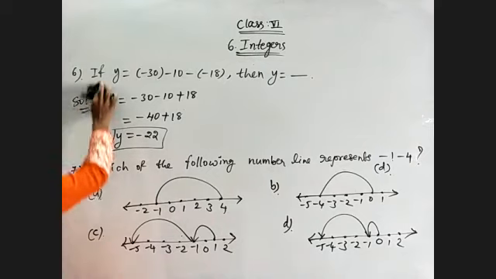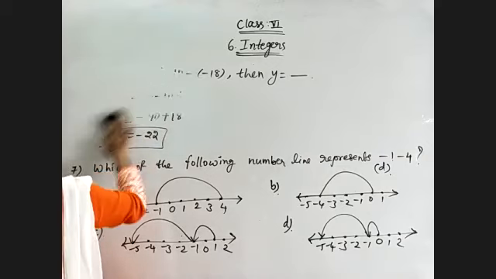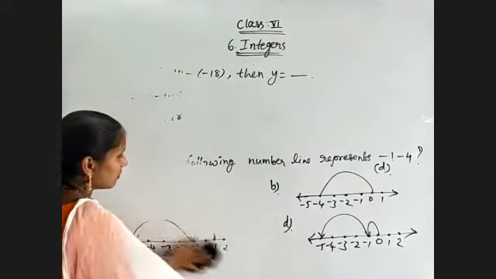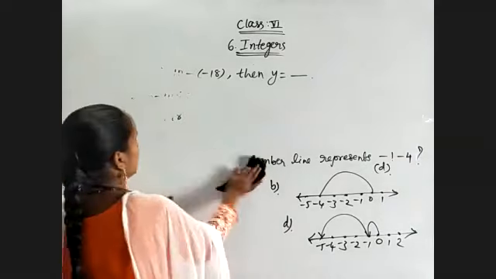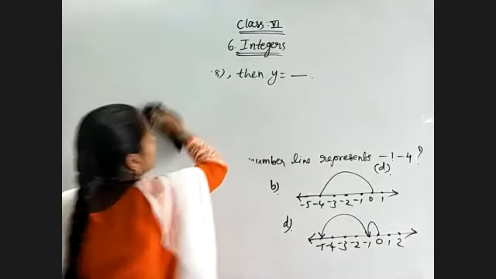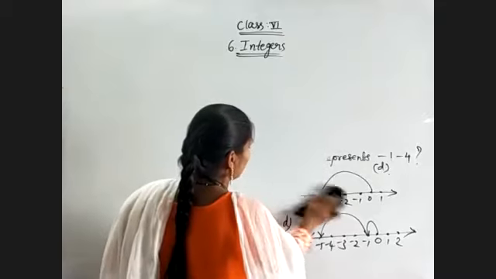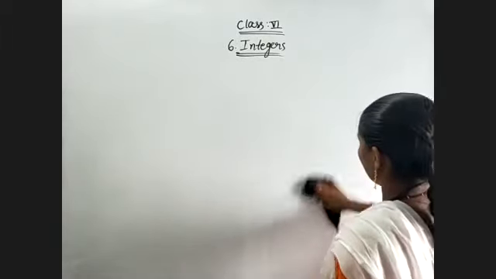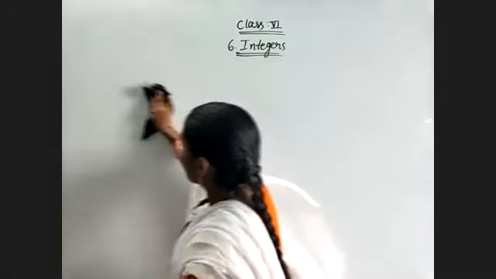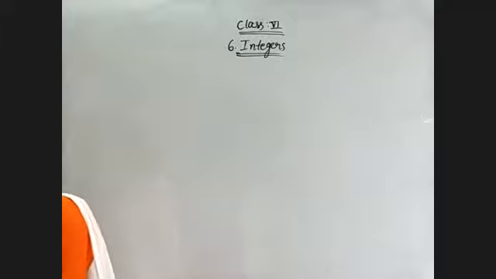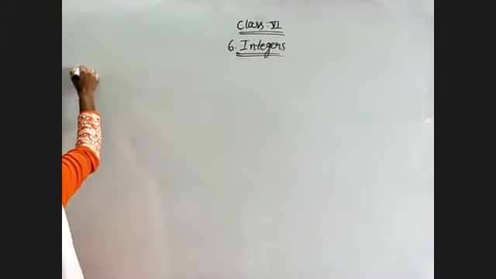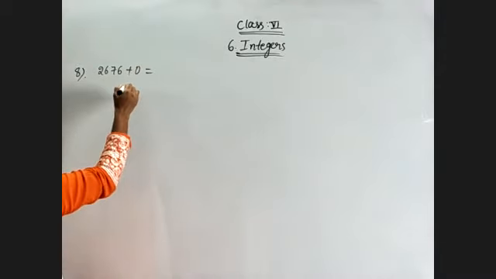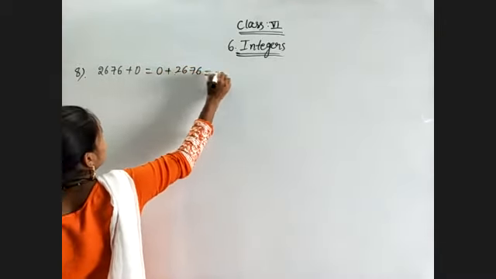Now coming to the next question. 2676 plus 0 is equal to 0 plus 2676 is equal to dash.